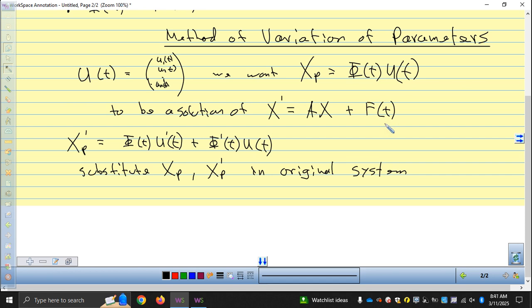So I'm going to switch pages here. I want to make sure we're all clear on what we're doing. So we're substituting this into our original system. We're going to do some work with that to try to somehow get to something that we can solve then for u of t. Exactly like we did with variation of parameters before.